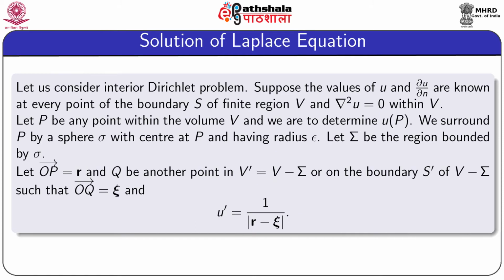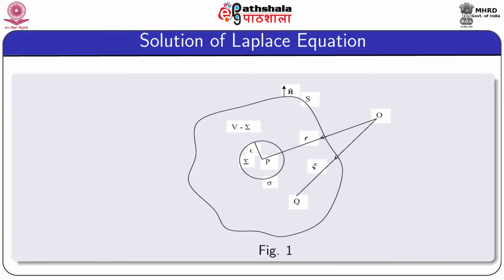Let capital Sigma be the region bounded by sigma. Let OP be the vector r, which you can see here. O is the position of origin and P is a point inside V, and OP is the vector r, and Q is an arbitrary point in the region V, and OQ vector is chi.